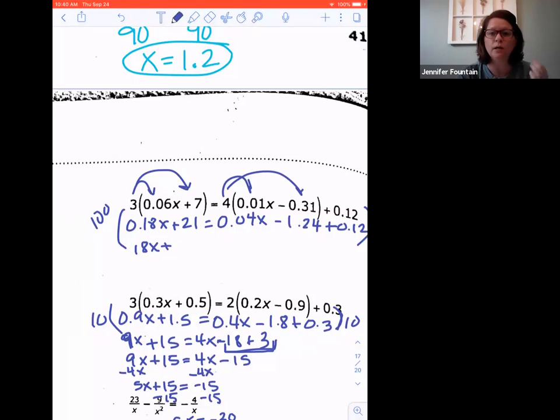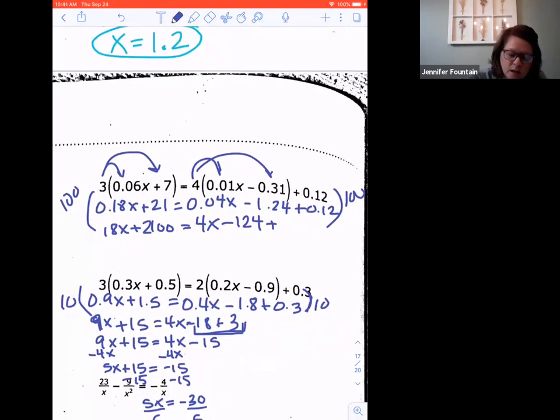It is already 21 decimal. So now I have to move my decimal 2 places to the right. So that becomes 2100 equals 0.04x becomes 4x minus 1.24 becomes 124 plus 0.12 is going to become 12, because I moved the decimal 2 places, okay?